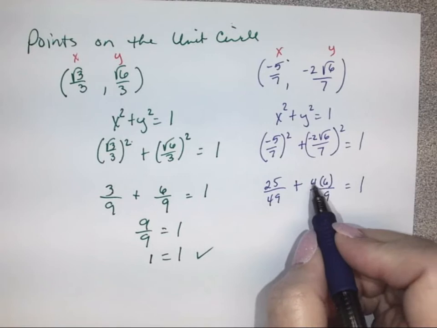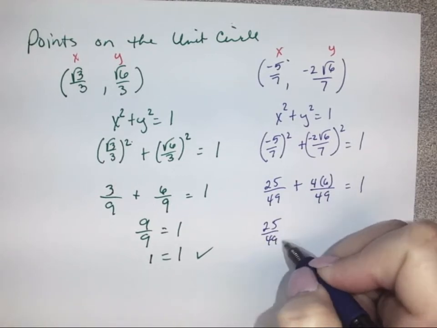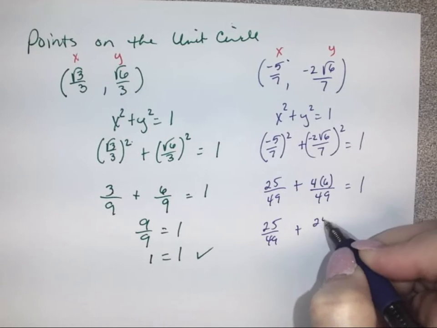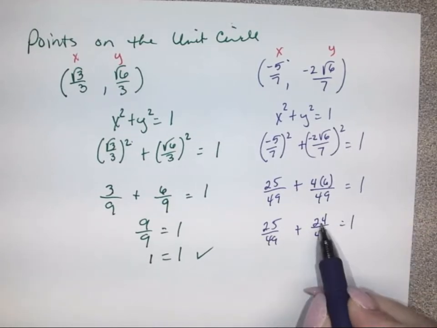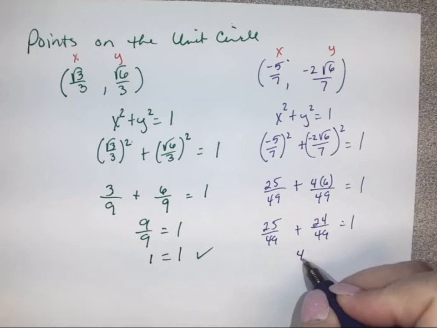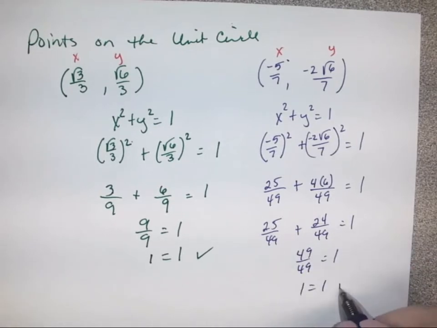Well, we need to multiply 4 times 6, so we have 25 over 49, plus 4 times 6 is 24 over 49. Well, 25 plus 24 would get us 49 over 49, so 1 is equal to 1. So again, that point is on our unit circle.